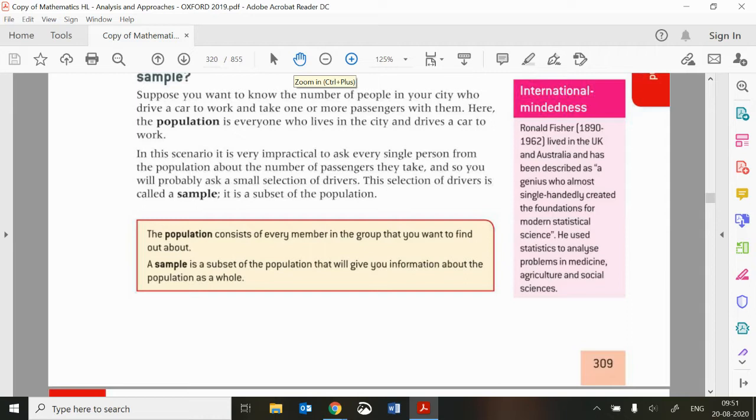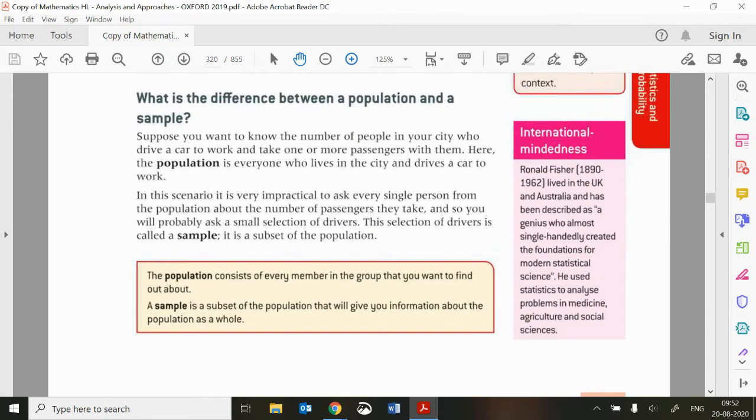Although the term statistics has been around for hundreds of years, and obviously nation states have had to consider certain statistical problems for hundreds, if not thousands of years, a lot of the development of statistics actually happened in the 20th century. So it's quite a modern field in terms of mathematics.